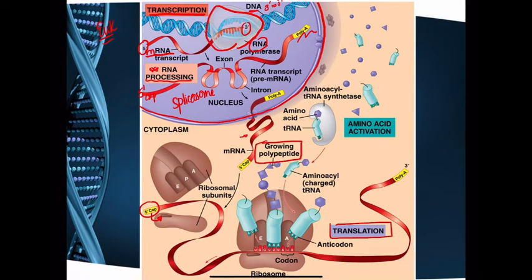So we've got our tRNAs that are helpful there. The tRNAs are going to bring in the amino acid as coded for on the mRNA. In our RNA, we have these three, the ribosomal RNA.